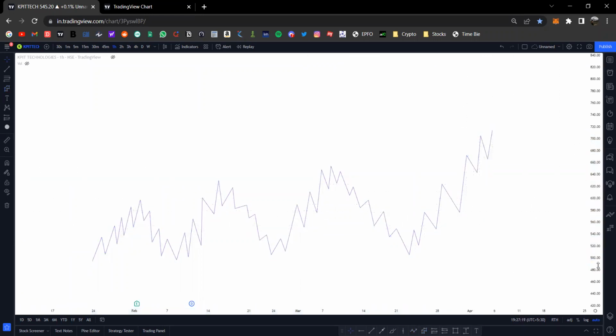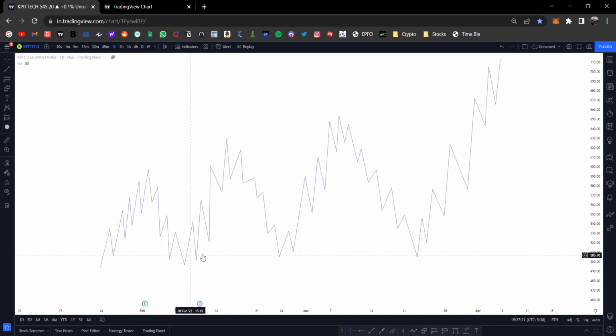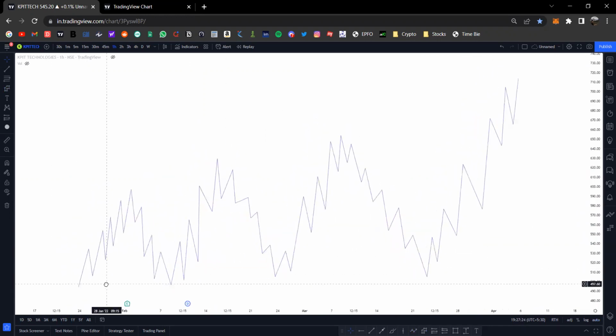So yeah, this is how I see market structure. If you can see, we are in a fully bullish time frame.